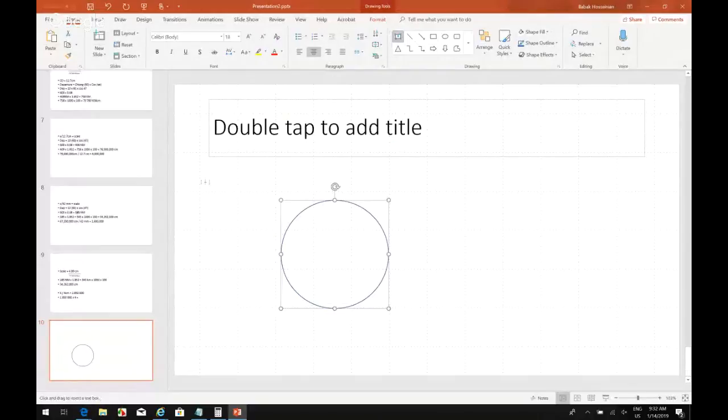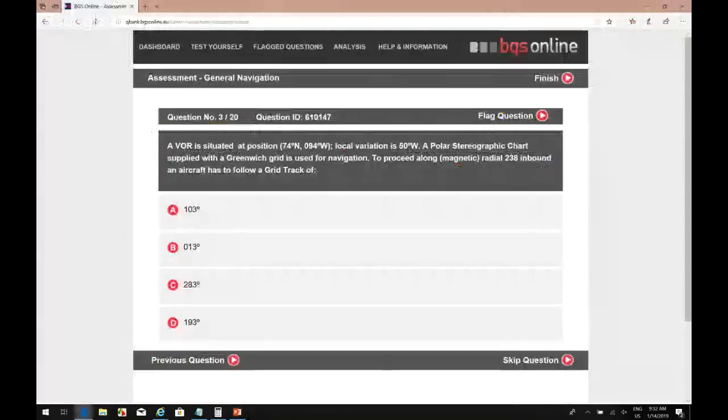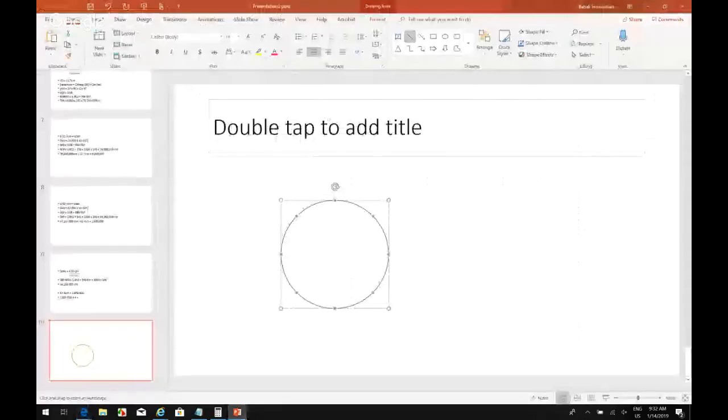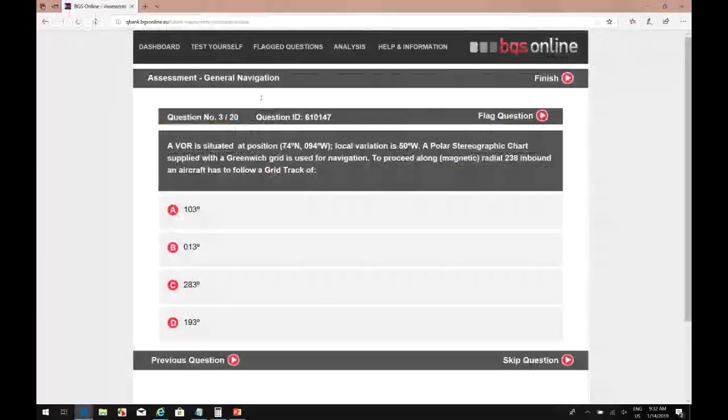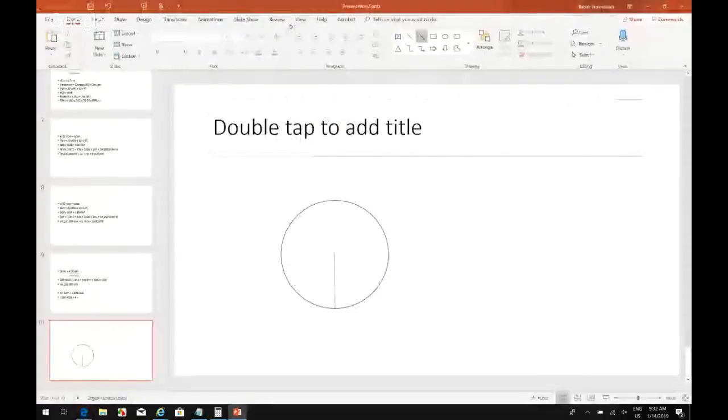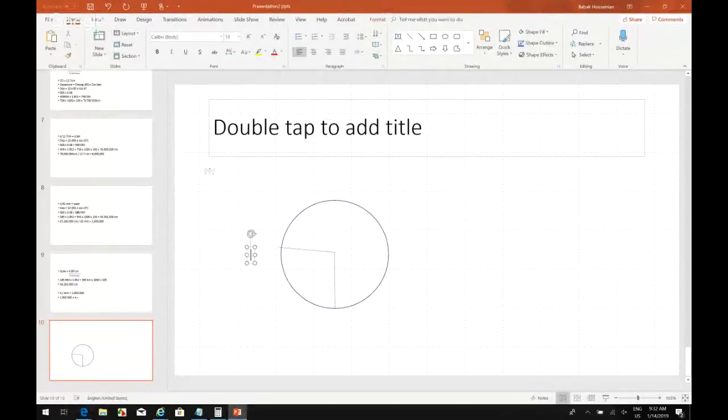So VOR is going to be, if that's the middle, what are we, north? So the Greenwich mean line is there. That's northern hemisphere. 94 west. It's just more than 90. There we go. So the VOR is located here.